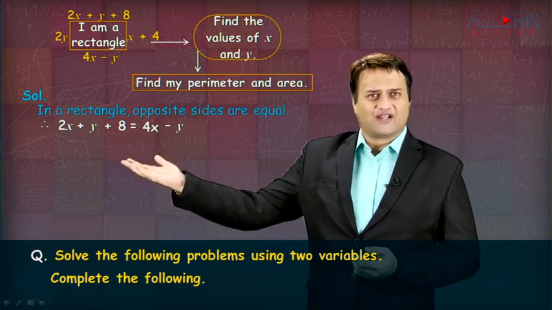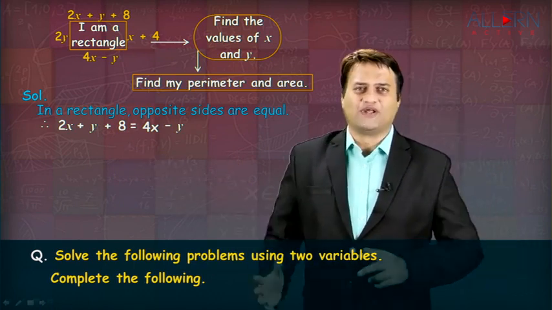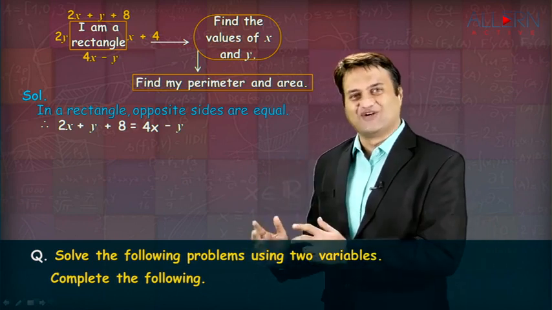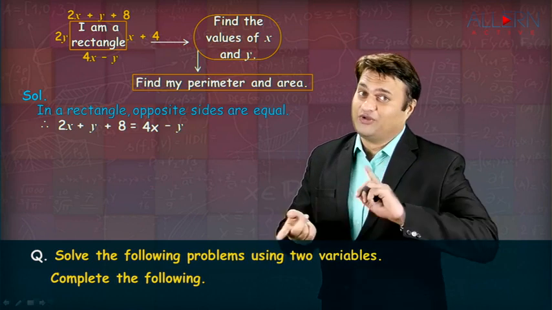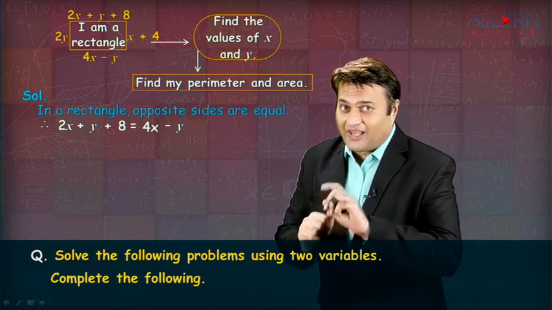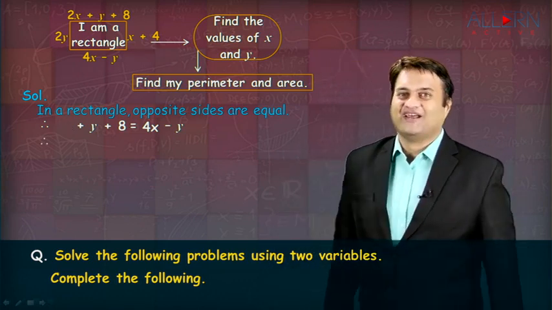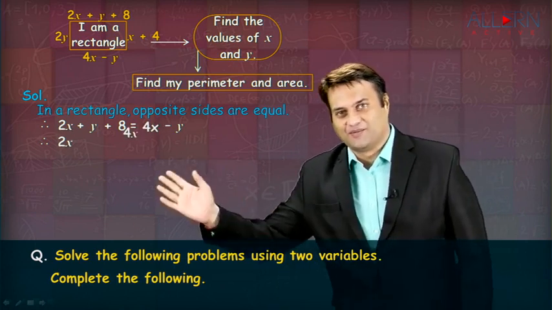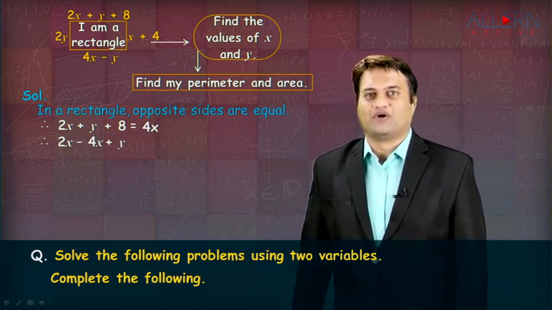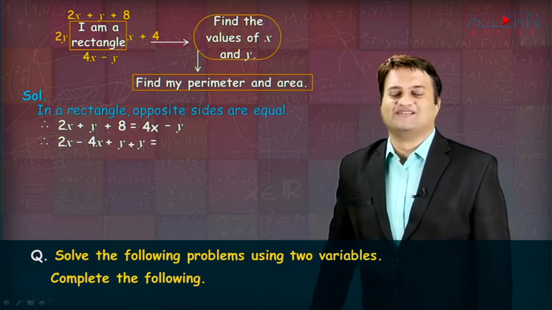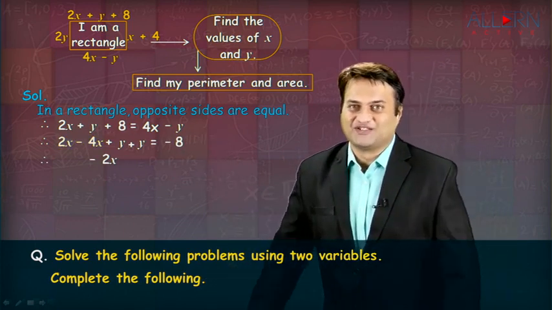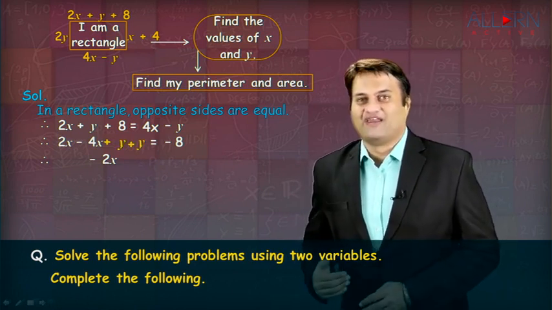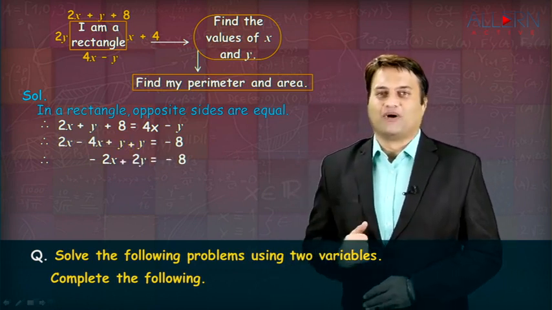Just write it in our required form, that is variables on one side, constants on the other side. And when you are doing it, remember that you need to have the like terms together, right? So let's do that. What we get, 2x minus 4x plus y minus y... that is, 2x minus 4x is minus 2x, y plus y is 2y, is equal to minus 8.